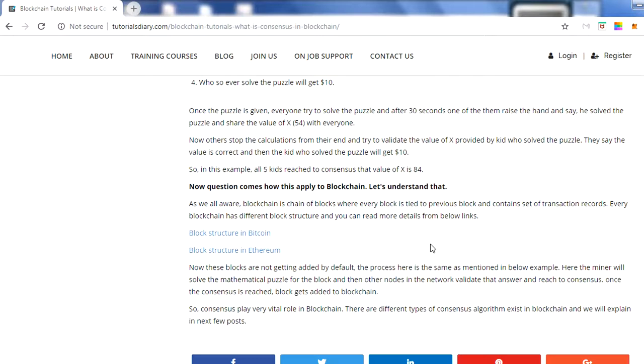But the general concept is that all the parties involved have to agree that the hash of this block is this one, then the block will get added to the blockchain. This is the reason it plays a very major role, because everyone has to be on the same page. Everyone has to reach one consensus that this is the value, and only then will the block get added. So this is the very basics of consensus.